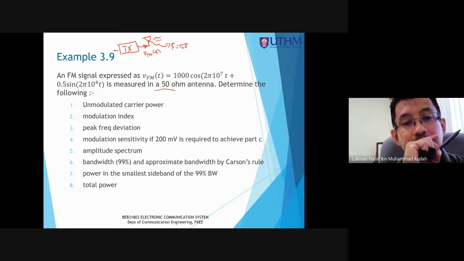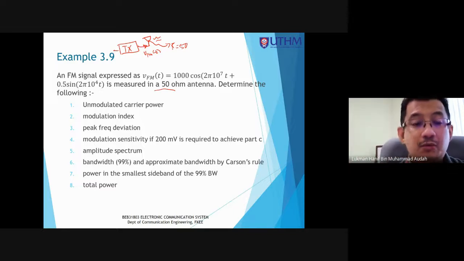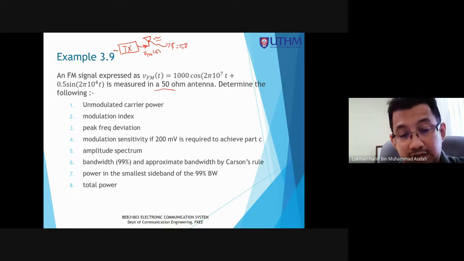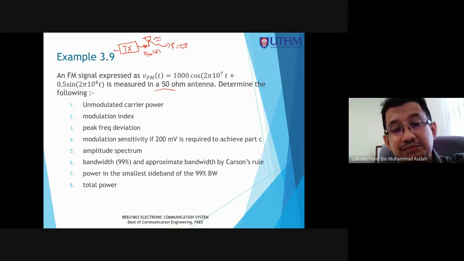So from here we can calculate the power at the antenna, because we want to transmit the signal.